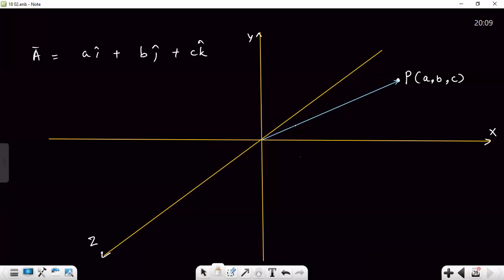This vector is making alpha degrees with the x-axis, beta degrees with the y-axis, and gamma angle with the z-axis. Now this distance is x and this distance is the magnitude of this vector.